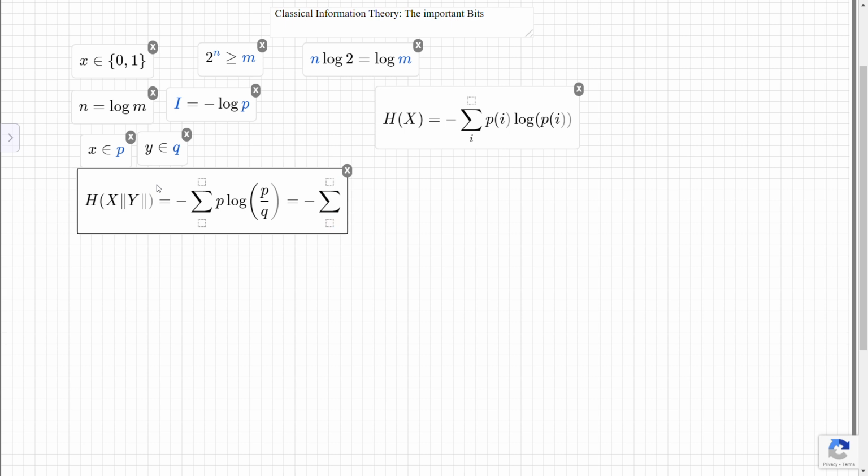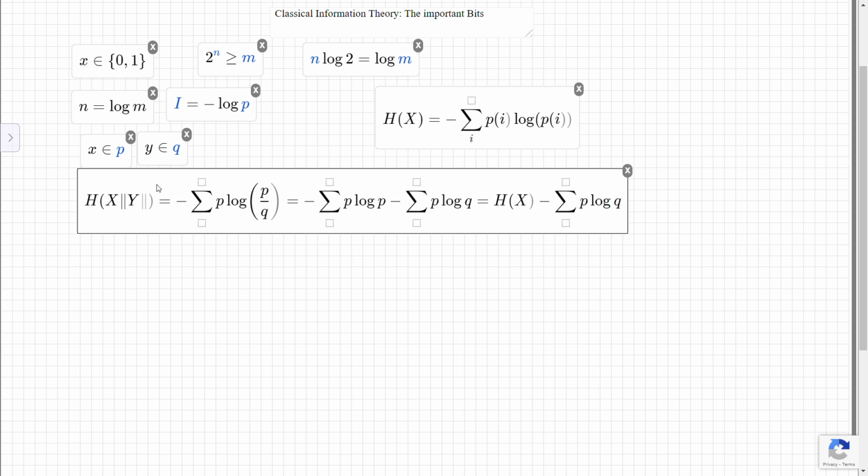And understandably this is nothing but sum of p log p minus sum of p log q, right? And we know that minus p log p is nothing but Shannon's entropy for x, so we can write it as the entropy of x minus sum over p log q.